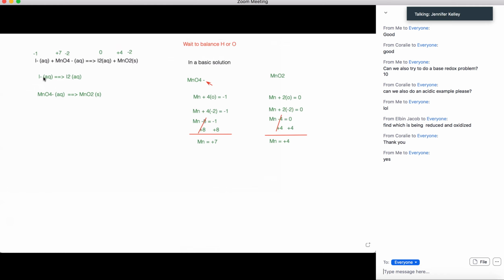All right. So if I look at the I2 on the right, how many iodine do I have there? 2. The I minus, how many do I have there? 1. So I need to put a 2 in front of it. That way I'll have 2 of them.